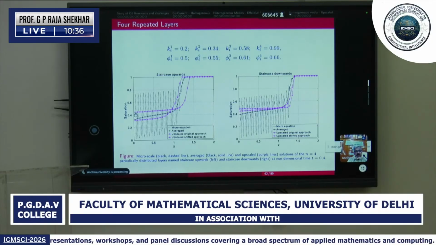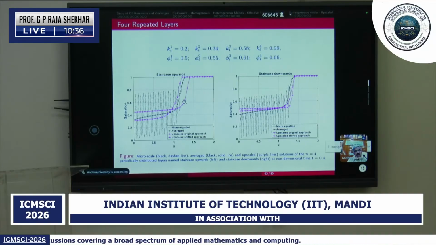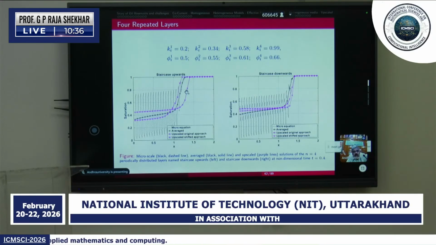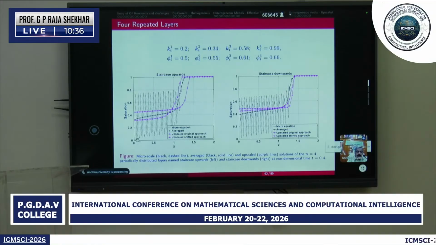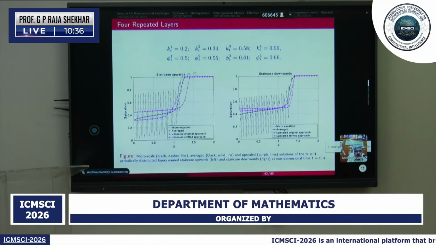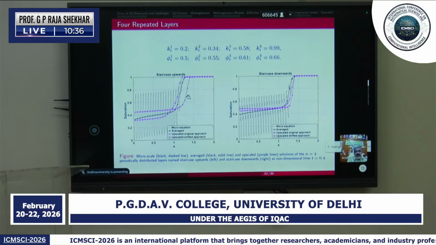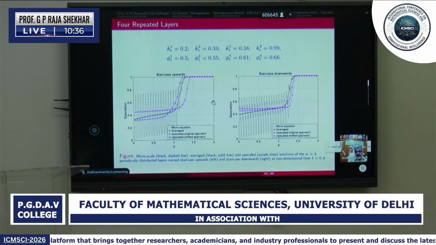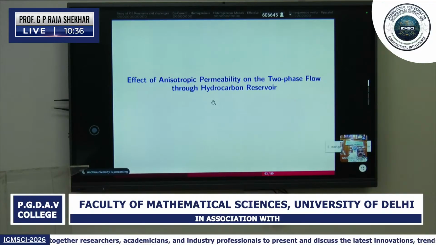Whereas the upscaled original approach, even though it is outperforming, the saturation is getting a little longer distance from the inlet. Typically, what is happening in the middle, we are not so much interested. What is happening towards the outlet, we are more interested. So that gives an idea depending on the structure, and these micro scale oscillations are there. Okay, so this gives an idea.